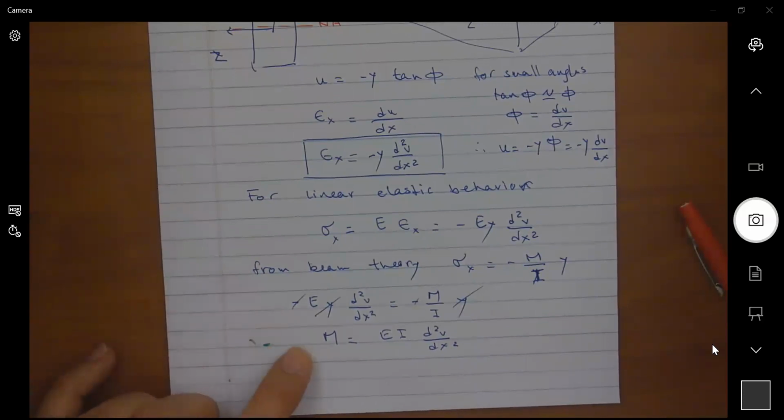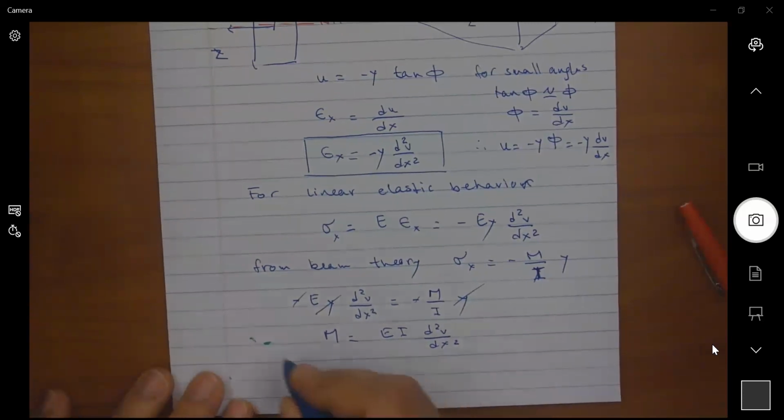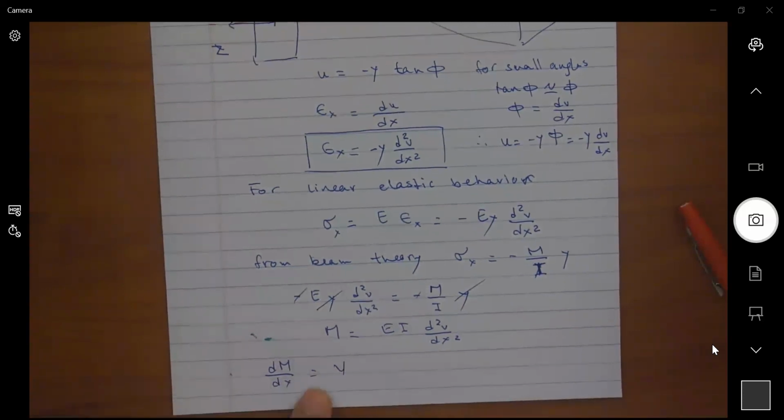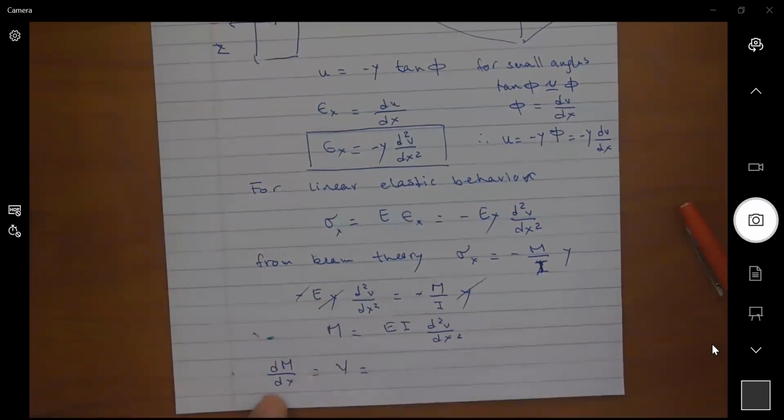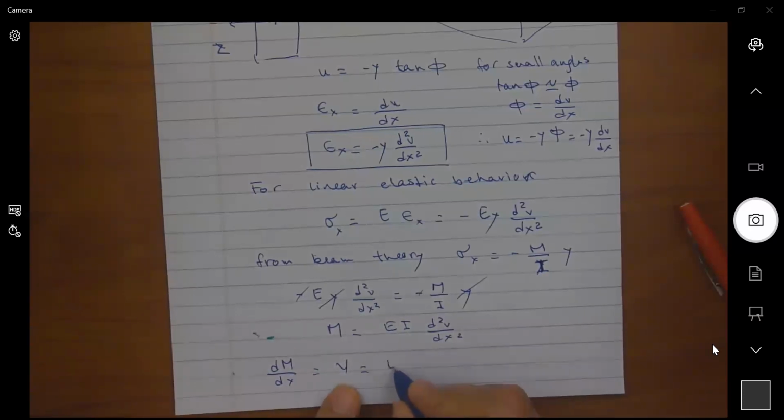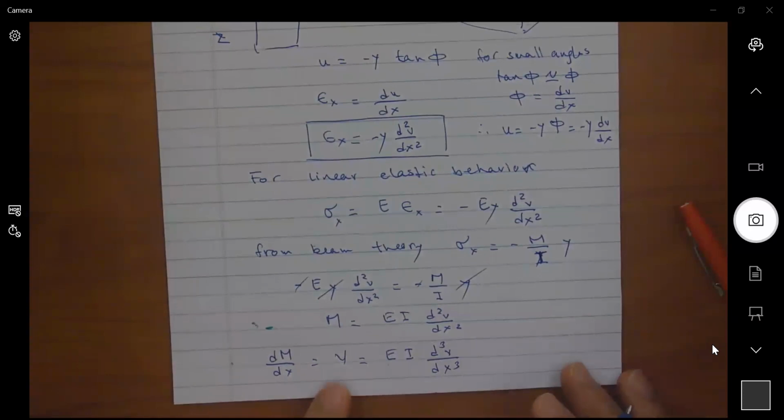And by the way, we can use this to evaluate M along the axis of the beam for any given x. I want to remind you that dM by dx is also equal to V. So if I take the derivative with respect to x, I can write that V is equal to EI d cubed v by dx cubed.